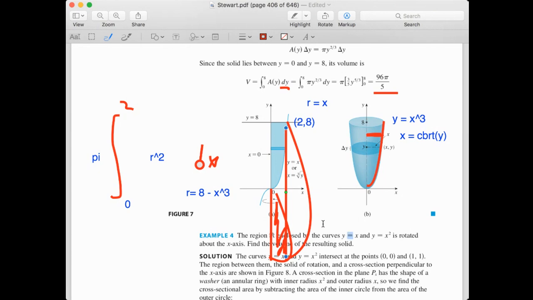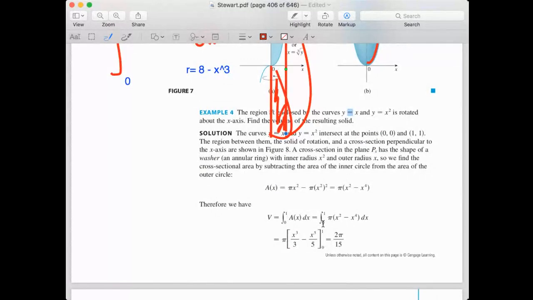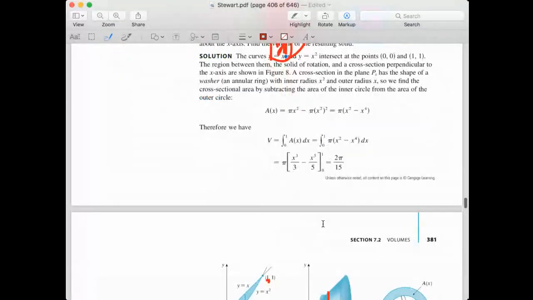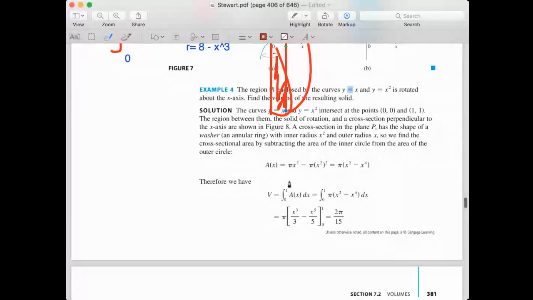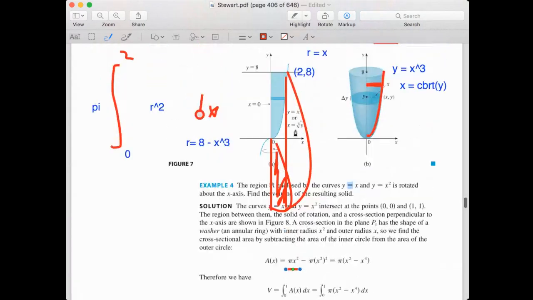Okay, now let's talk about not rotating over the x-axis or the y-axis. We want to rotate about some other lines. So we see here we have pi big R squared minus pi small r squared, right?